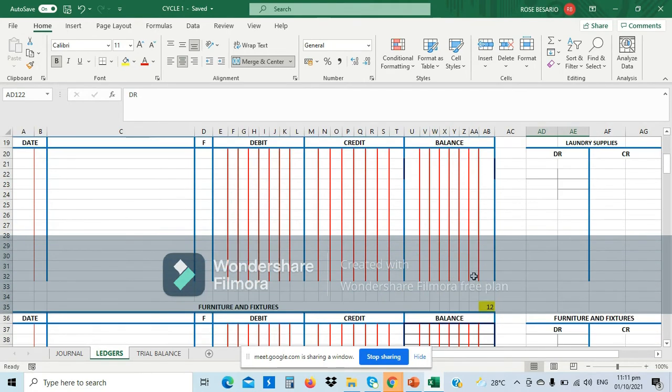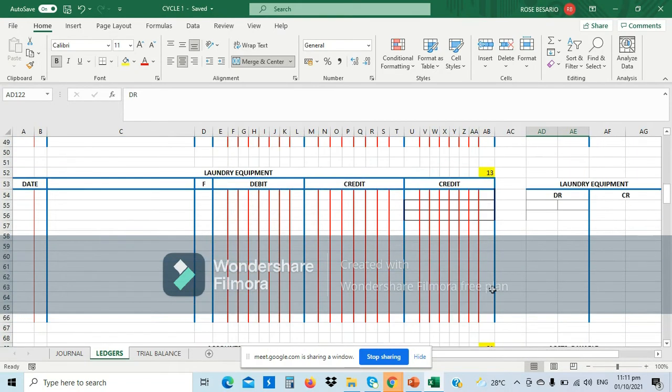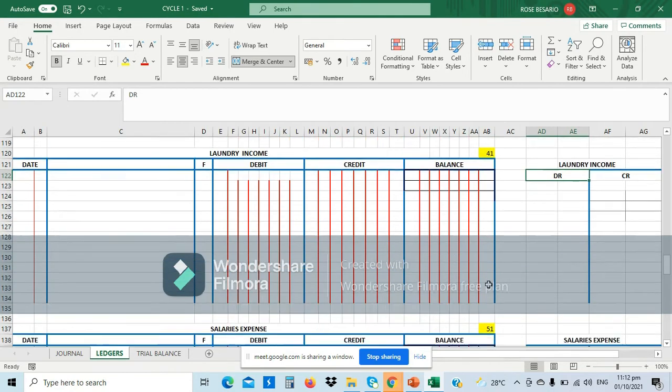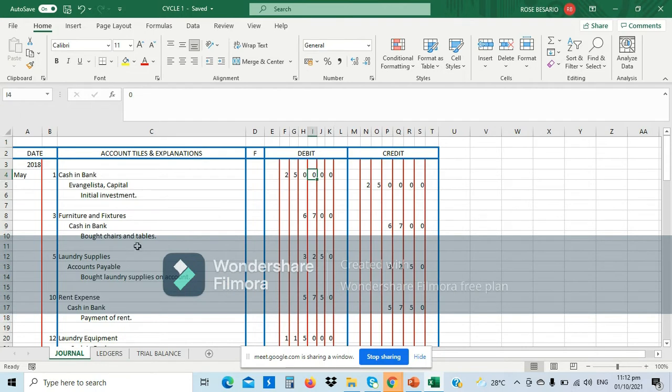I have here the codes. I already provided the codes, so we'll be using these when we do the posting. Okay, so let's post our first entry. You have a debit to cash in bank.